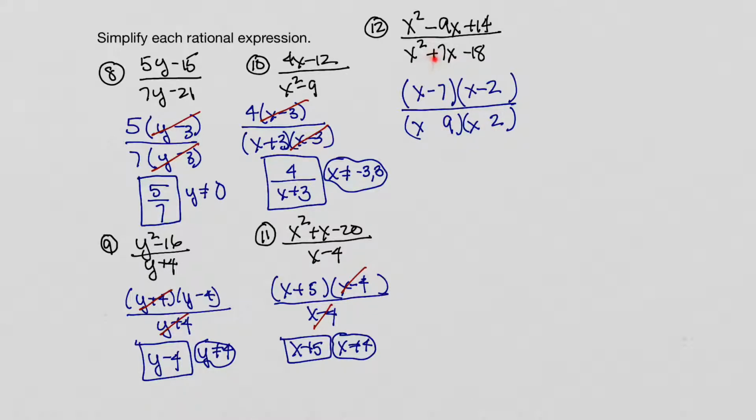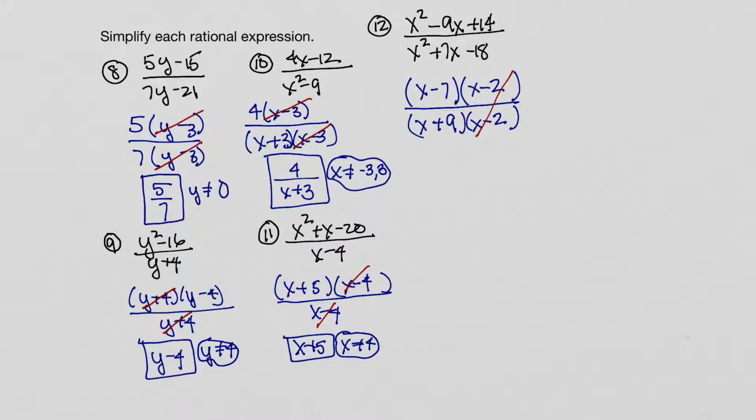I'm going to put that middle plus sign with the bigger product, 9x bigger than 2x. So let's put the plus right here. That'll give us plus 9 minus 2. And then sure enough, these x minus 2's we can cancel. And we're going to be left with then x minus 7 over x plus 9.